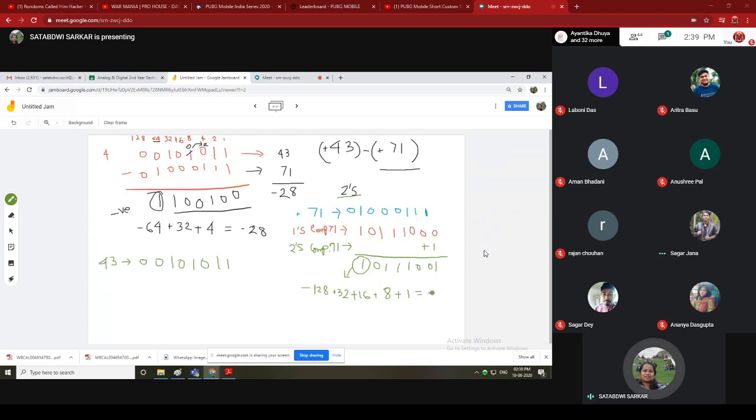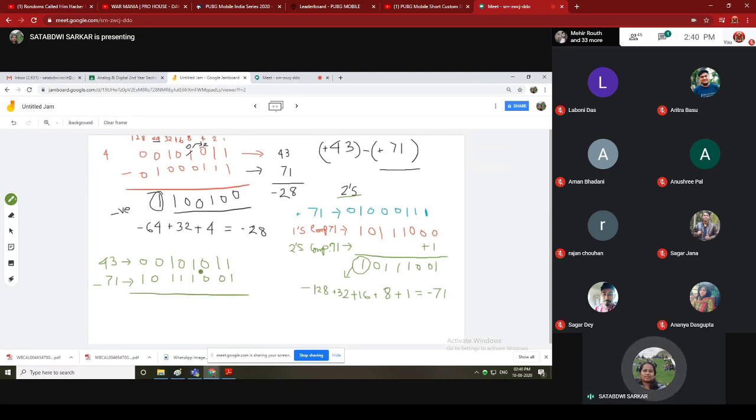Yes, so this is minus 71. Okay, so in this way we can get minus 71. Now with 43 we have to subtract 71. We have to put this 71. Now let us see, 1 0 1 1 1, and this is 0 0 1.